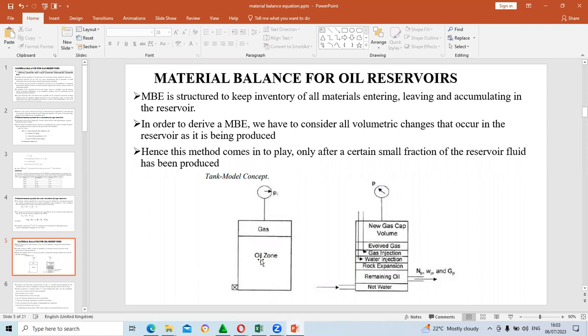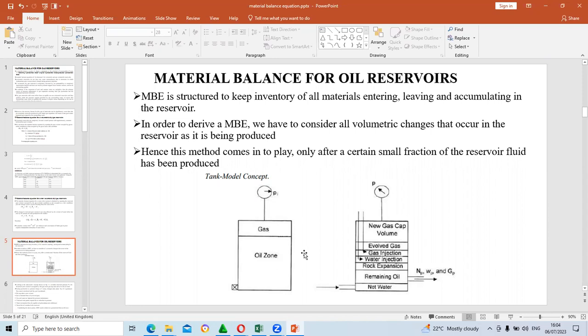The oil pressure is dropping below bubble point, and when it drops below bubble point, another gas also evolves from it. So we have two types of gas in this case. The gas cap that was originally there, this is our gas cap. Then we have gas that results from the oil dropping below its bubble point and releasing its solution gas.